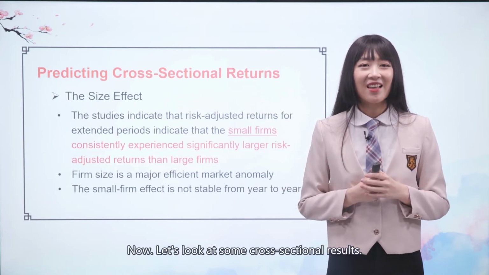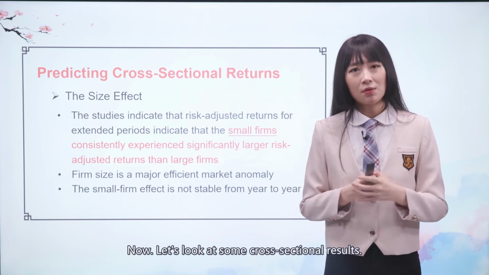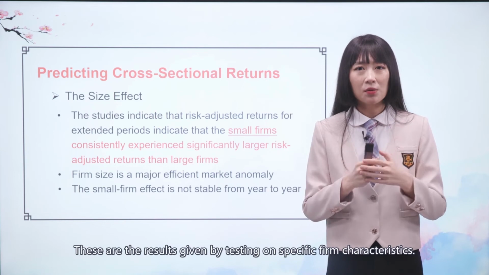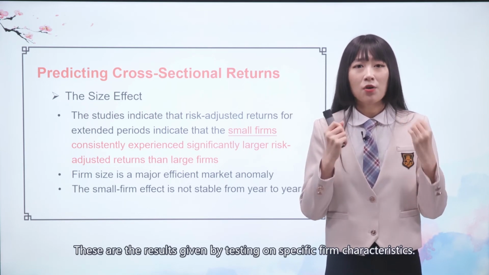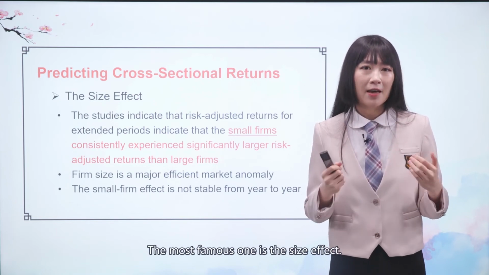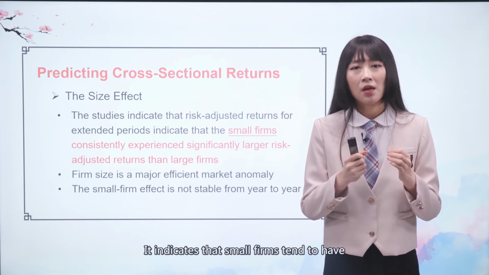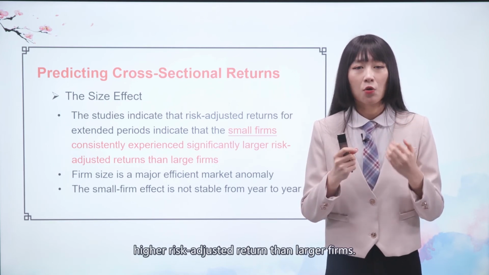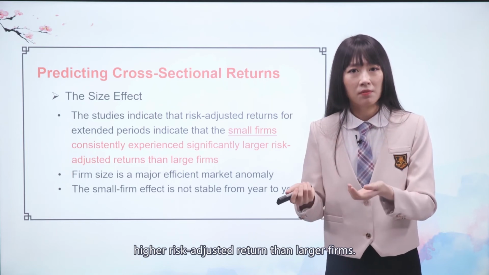Now, let's look at some cross-sectional results. These are the results given by testing on specific firm characteristics. The most famous one is the size effect. It indicates that small firms tend to have higher risk-adjusted returns than larger firms.